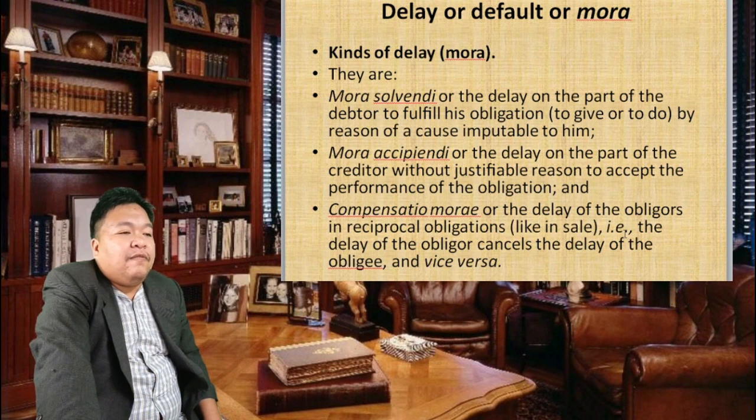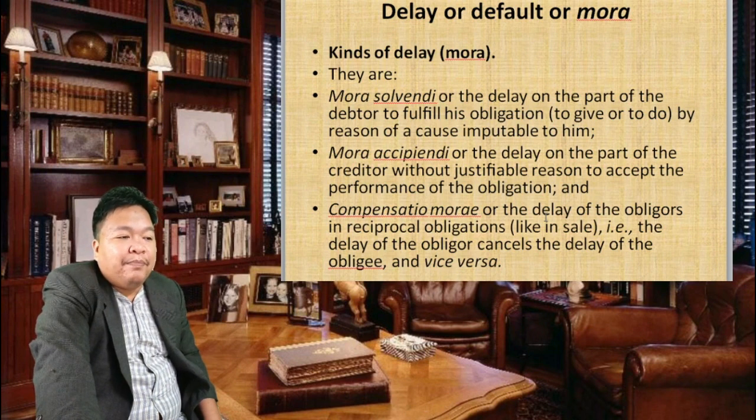First, mora solvendi is the delay on the part of the debtor to fulfill his obligation, to give or to do by reason of a cause imputable to him. Mora accipiendi, or the delay on the part of the creditor without justifiable reason to accept the performance of the obligation.